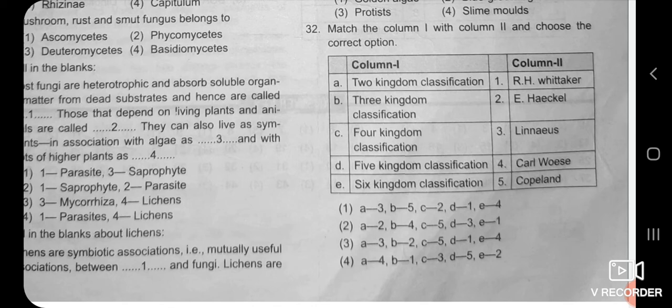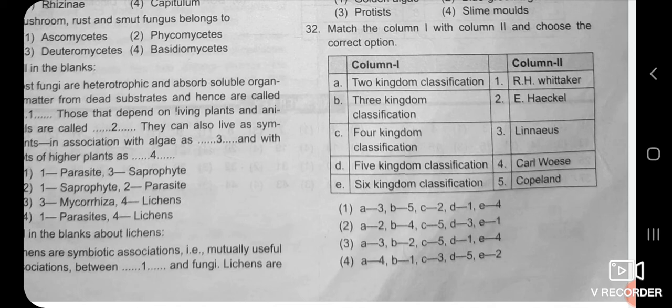Match column 1 with column 2 and choose the correct option. Column 1 lists 2 kingdom, 3 kingdom, 4 kingdom, 5 kingdom and 6 kingdom classification. Column 2 gives the scientists who proposed these classification systems: R.H. Whittaker, E. Haeckel, Linnaeus, Carl Woese and Copeland.